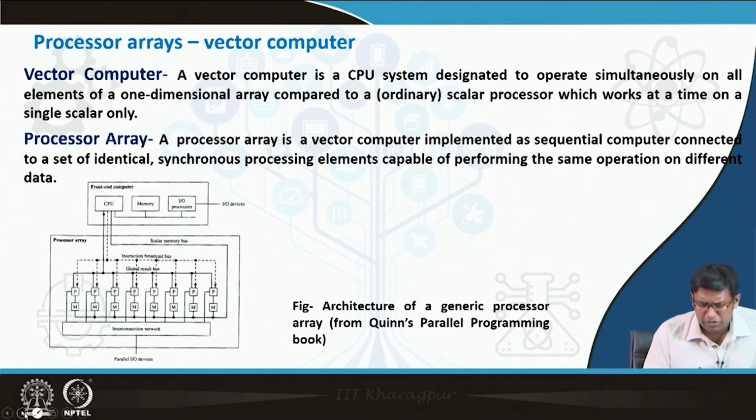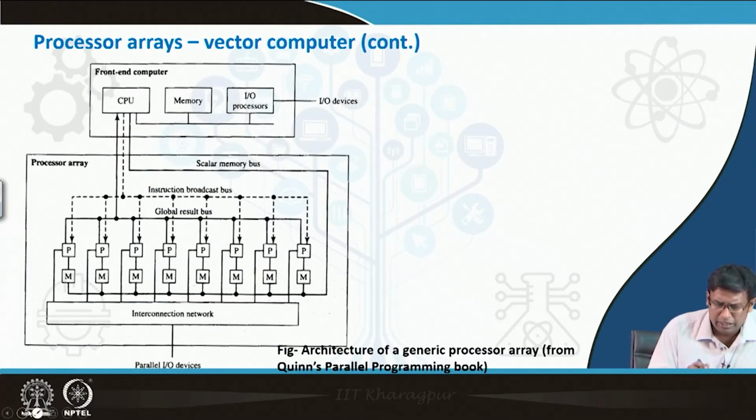If we try to see in more detail, let us go to the next slide. There are multiple processing elements, each has its own small memory, and if we have a large vector, parts of the vector, or elements of the vector, reside on these memories, and the same instruction which comes from the CPU is replicated to all the processors. Each processor takes the memory associated with it, processes the information, and returns it to the CPU through the global result bus.